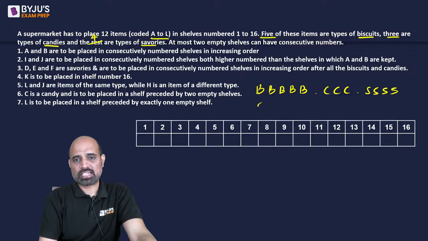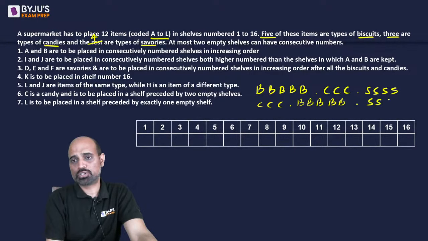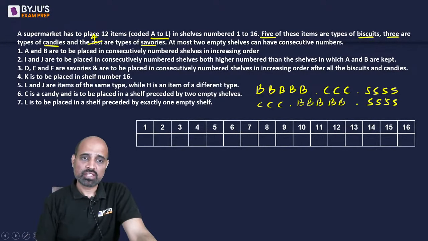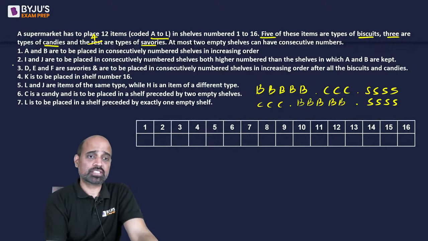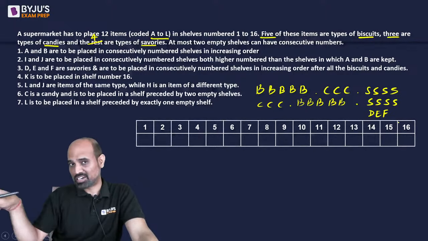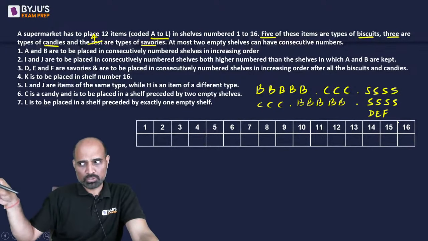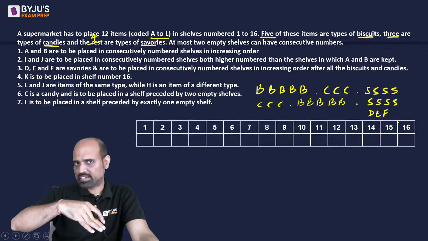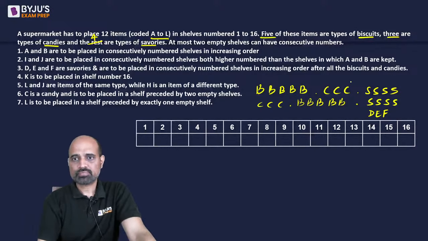Or the biscuits and candies may interchange because we don't know the sequence of biscuits and candies. But one thing is for sure, savories will be last. And out of those 4 savories, 3 savories named D, E, F will be placed in consecutive number shelves in the same order. We don't know if these are the last 3, or whether the last 2 shelves are empty and they come before that. Nothing of that is given.